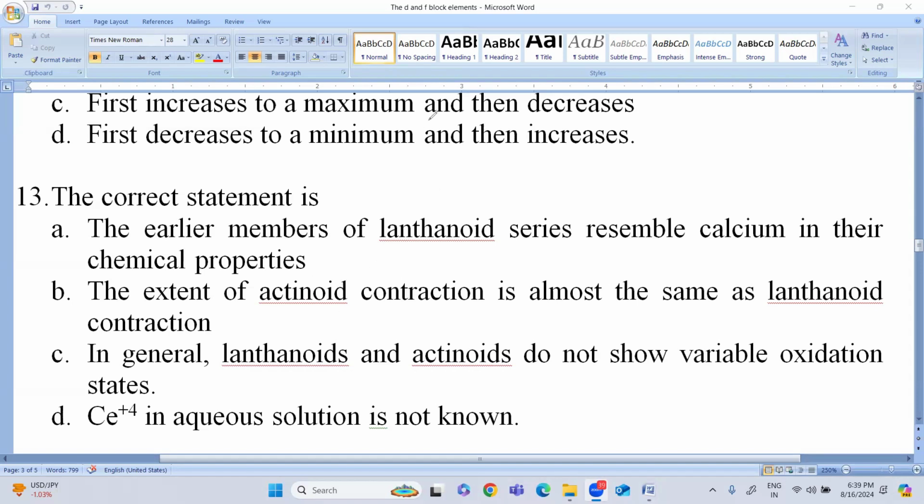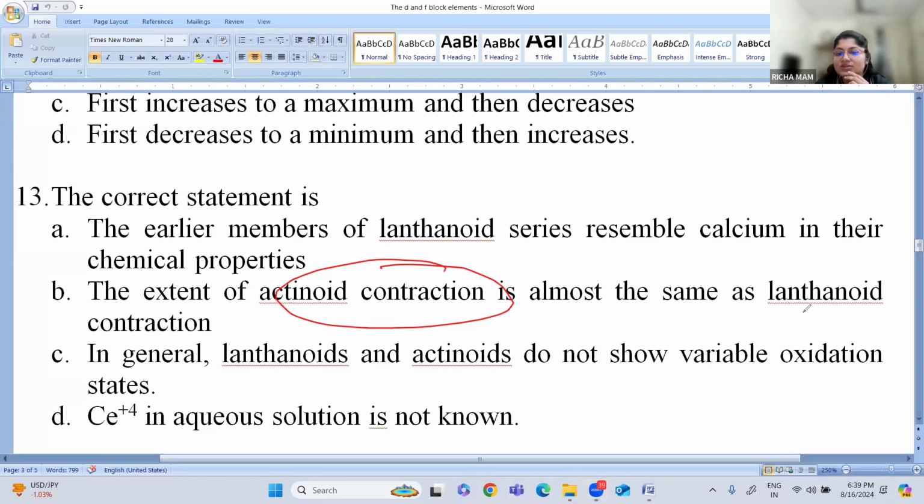When you see the actinoid contraction, it is almost the same as that of the lanthanoid. Now, the contraction is due to what?